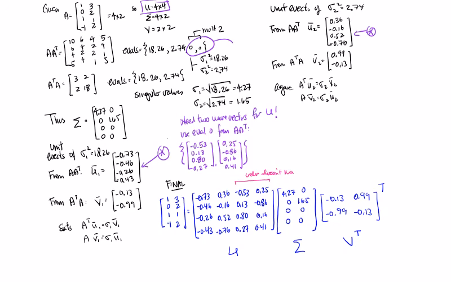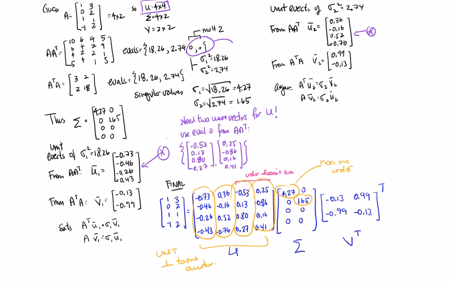So the important points to keep in mind in closing, I won't overwrite too much, is that these guys are perpendicular, they're unit, they're perpendicular to one another, and that these entries are in non-increasing order, traditionally.